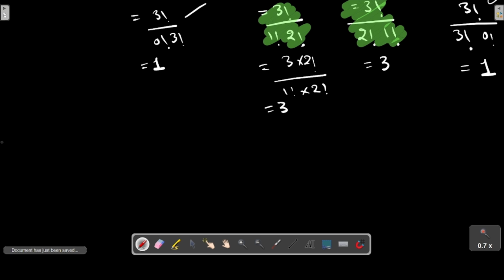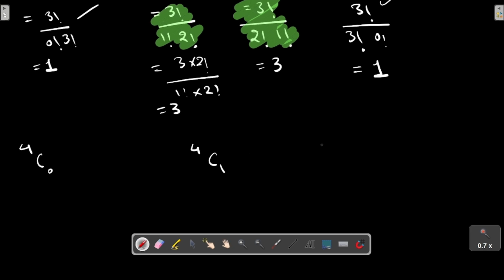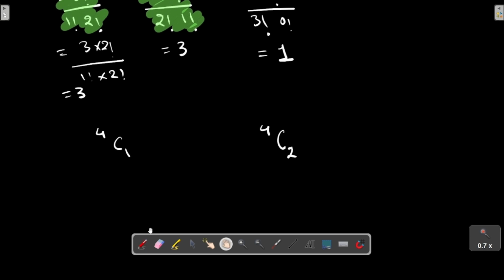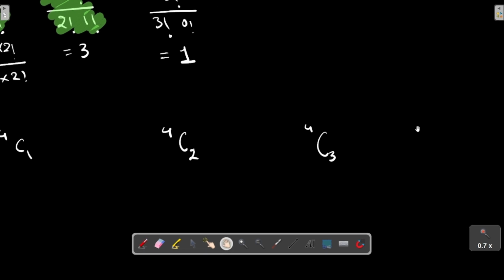Then you have n is equal to 4: 4C0, 4C1, 4C2, 4C3, and you have 4C4.